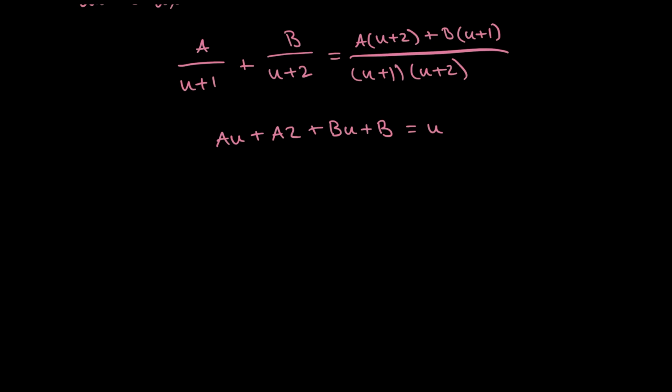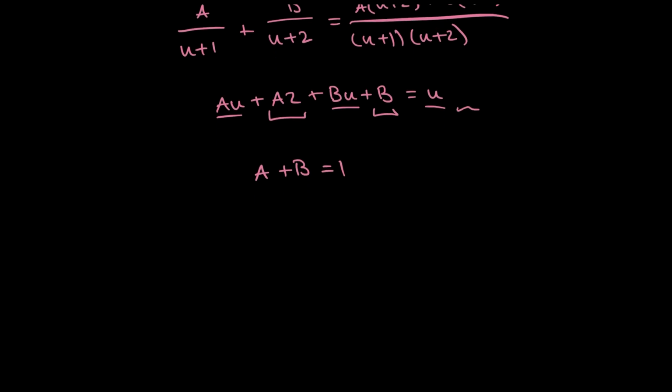So my u terms, I have au, bu, and u. So my first equation is going to be a plus b is equal to 1. And then for my constants, I have 2a and b, and I have nothing on my right-hand side, so 2a plus b is equal to 0.